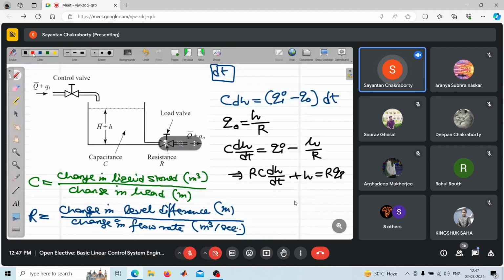So this is the dynamic model of the system.